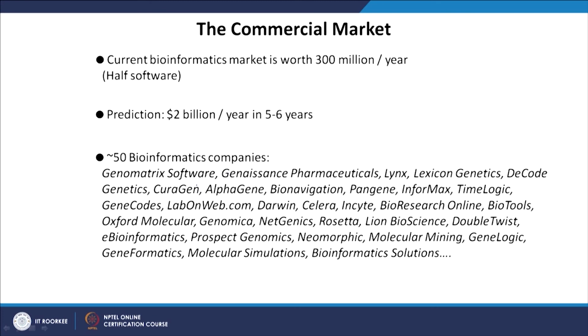Alrighty, the last slide for today. The current bioinformatics market, this is in the USA by the way, is worth 300 million per year. The prediction is it will rise up to 2 billion per year in 5-6 years. There are at least 50 bioinformatics companies at the time of making this presentation in the USA. So there is a lot of scope even in India. We have talked about scope in public health, in general health, in well-being.